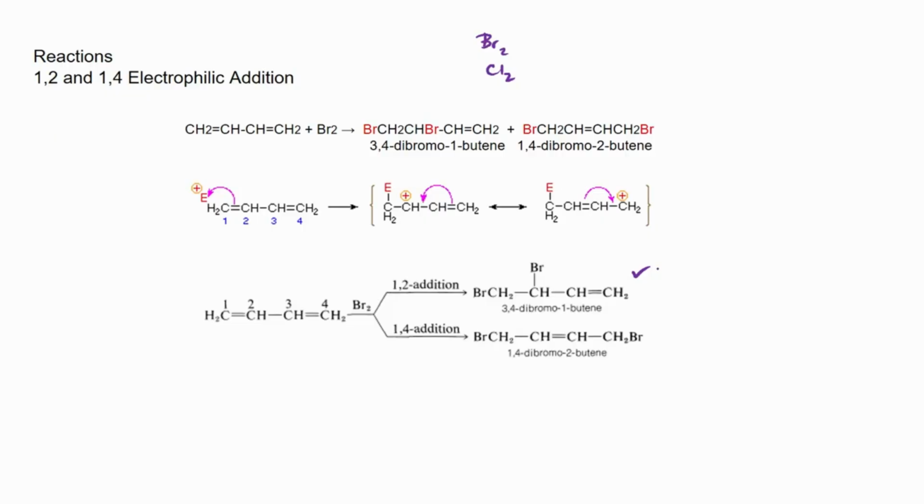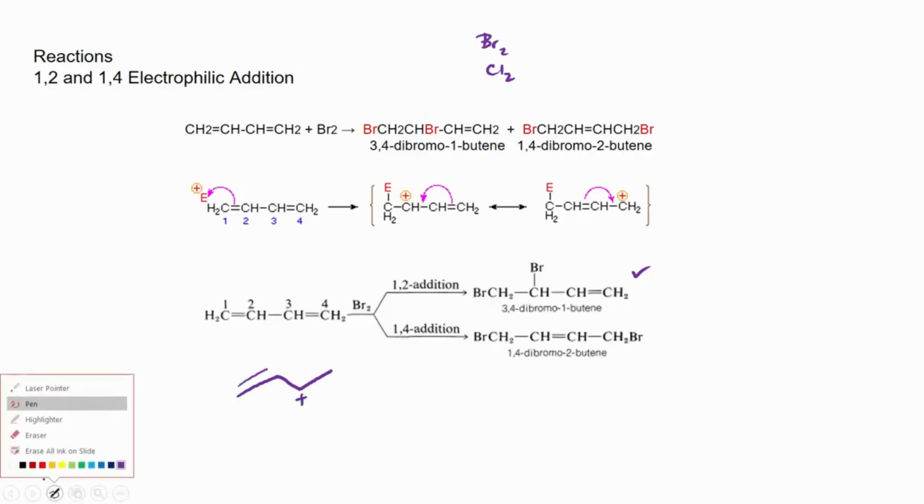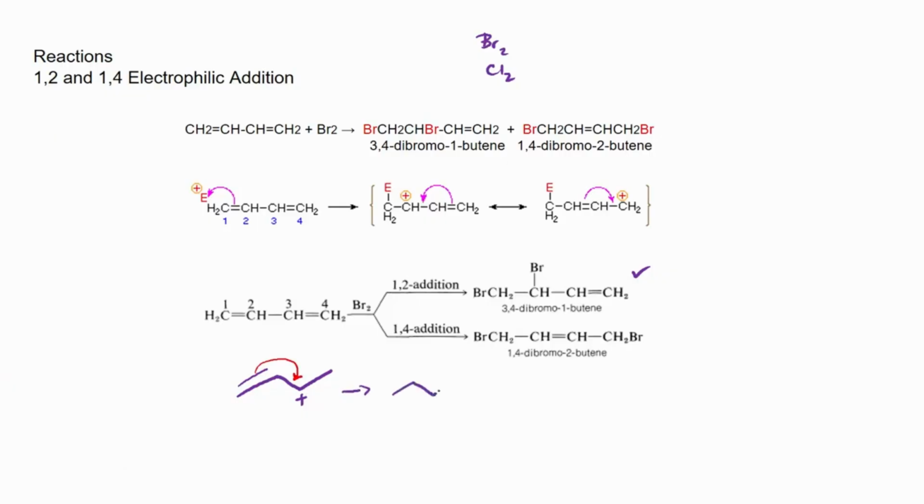But because we have this conjugated system, you also have to take into account that we can have that rearrangement. So that pi bond can come in and satiate that charge, form that other allylic carbocation in order for the bromine to add.